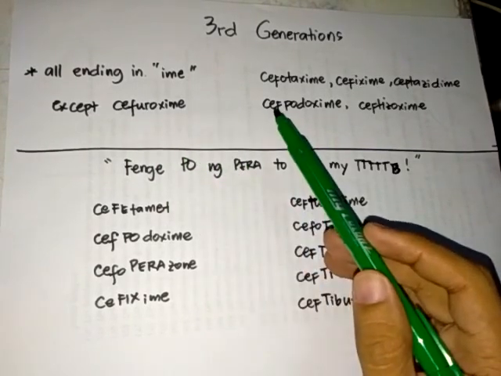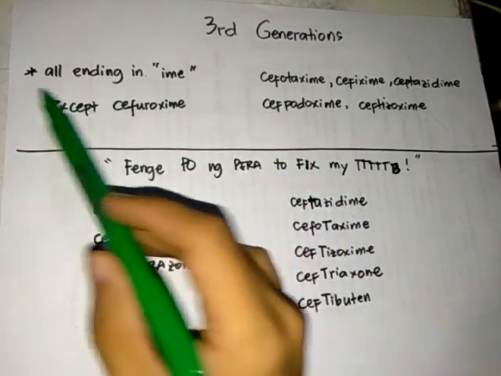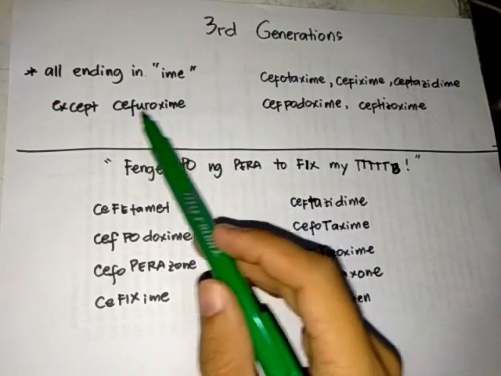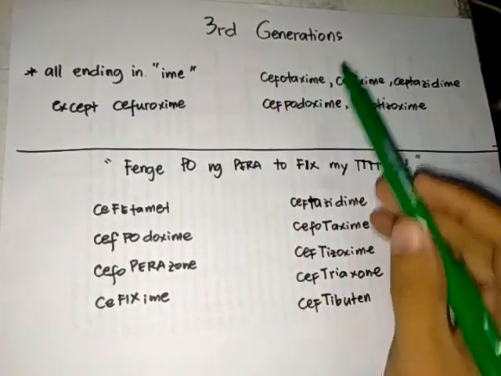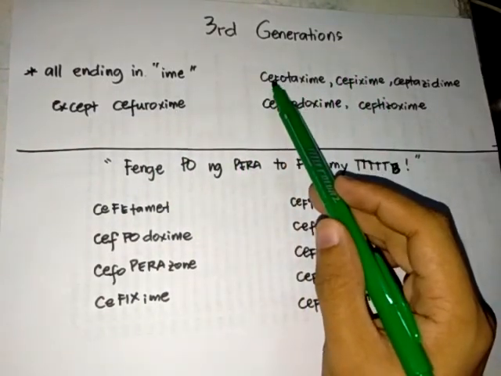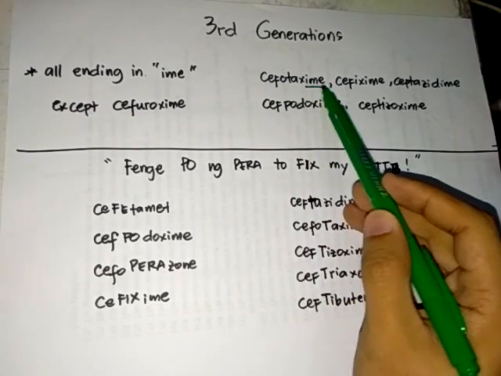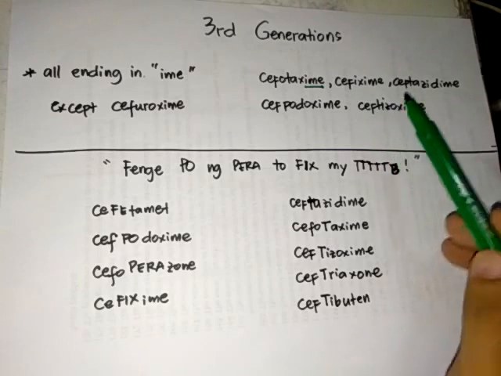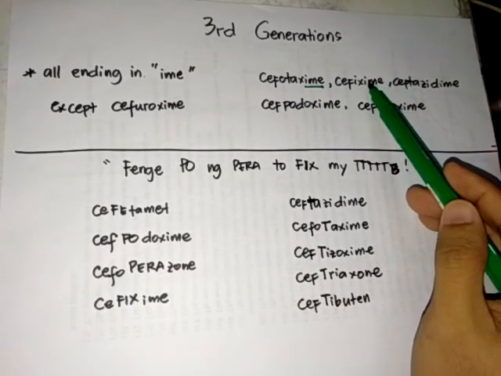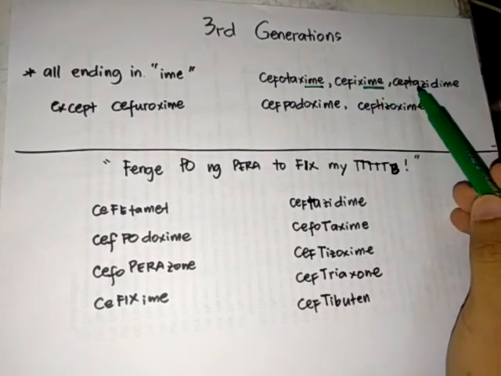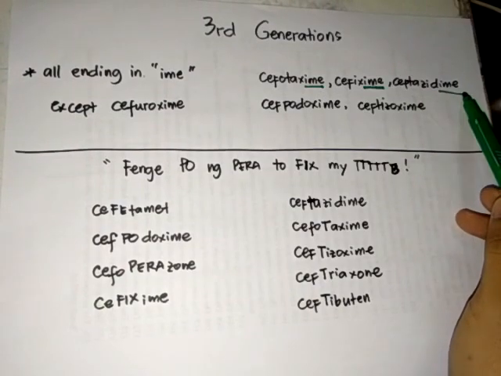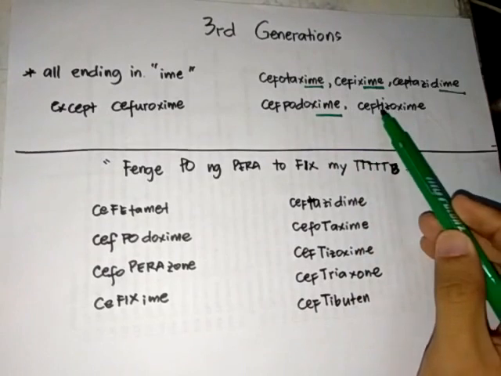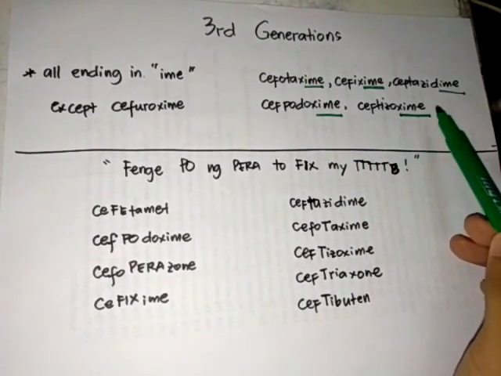Examples of your third generation cephalosporin are cefotaxime, IME, cefixime, IME, ceftazidime, cefpodoxime, and ceftizoxime.